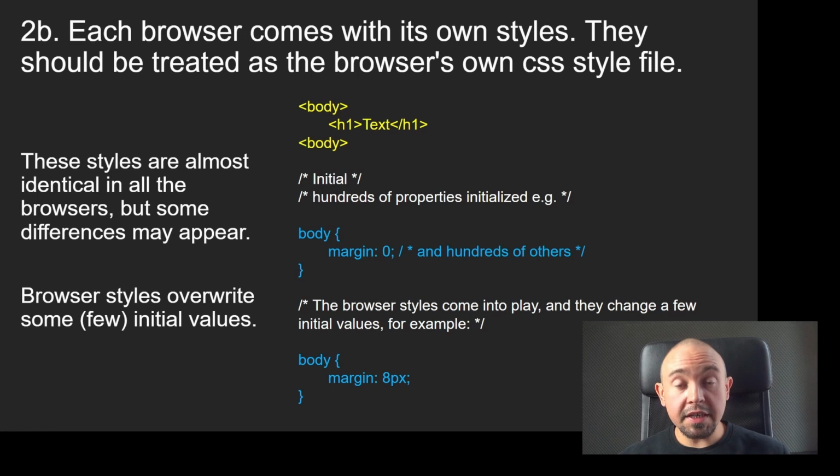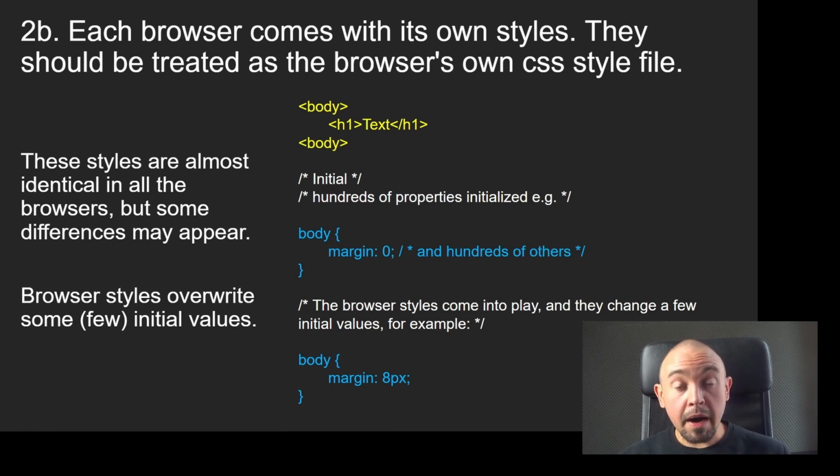As we can see in this example, the browser creates a body element in a document object model. It gives the body element the initial value for the margin property, which is 0. Then it loads the default browser styles for this element and overrides the initial values with them.